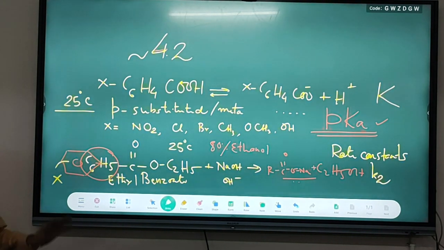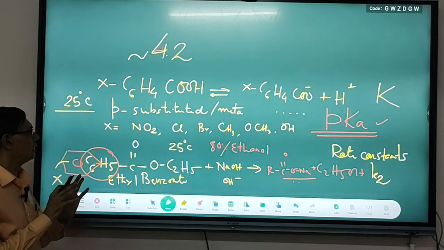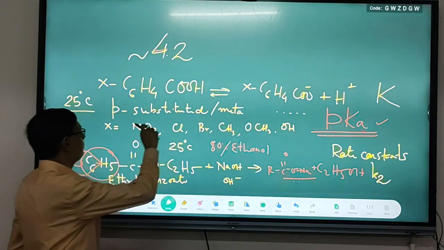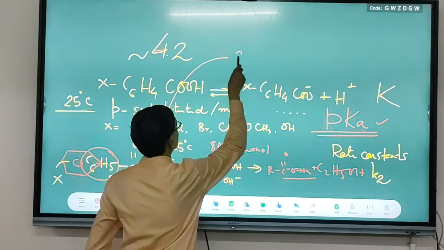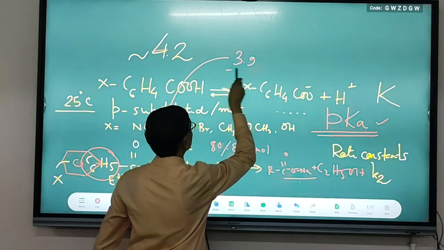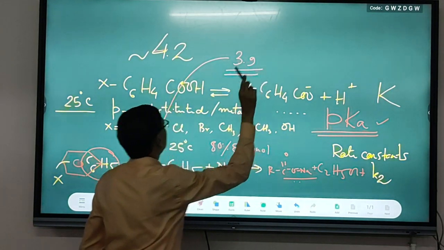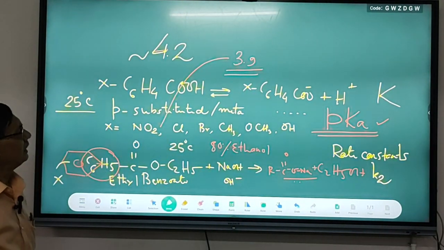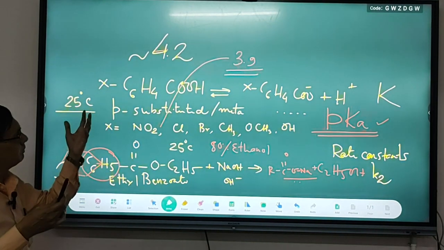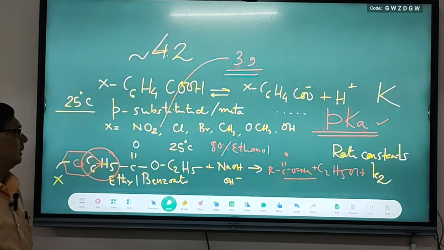But in a nutshell, suppose I take para nitro, it is suppose 3.9 or approximately, or maybe less. And for methoxy group, maybe 4.46.